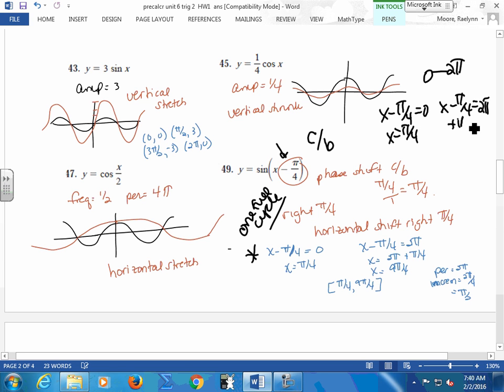We added pi over 4. So convert 2 pi to fourths. 8 pi over 4. So one complete cycle, one full cycle, goes from pi over 4 to 9 pi over 4. I didn't convert 2 pi. What if I said give me 2 complete cycles? How would you find 2 complete cycles?